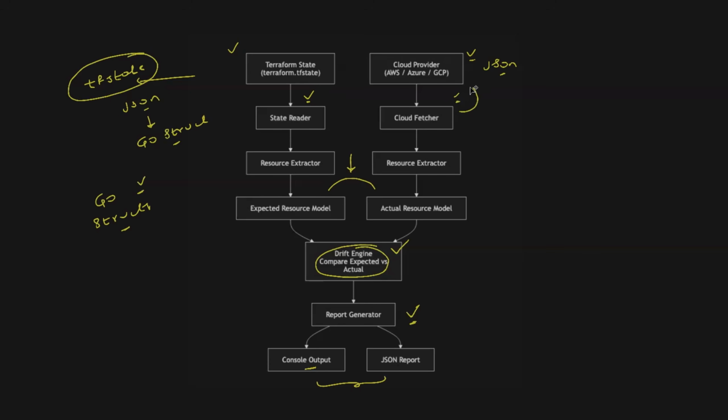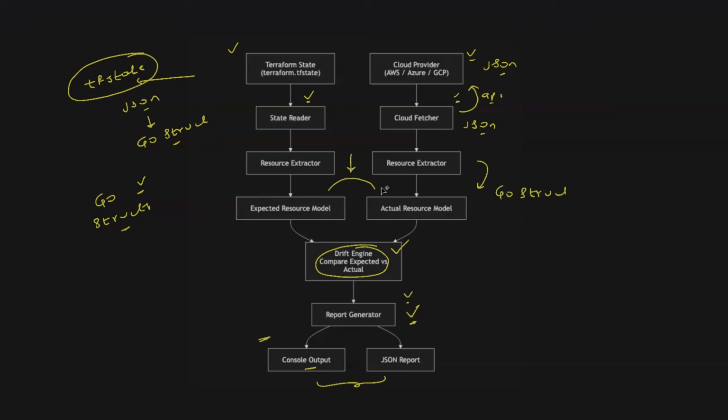Cloud fetcher makes use of the cloud APIs, in this case, AWS APIs, gets the information in the JSON format, and then the JSON format information is put in the Go struct format, right? Now, on both the sides, we have information in a structure. So the drift engine compares it, generates a report, or prints the output to the terminal.